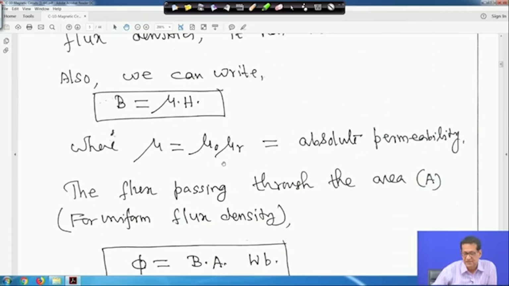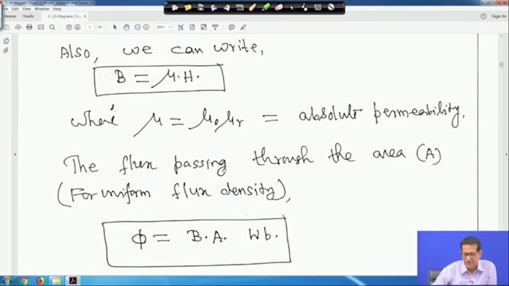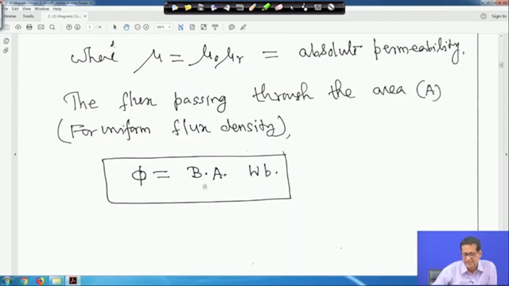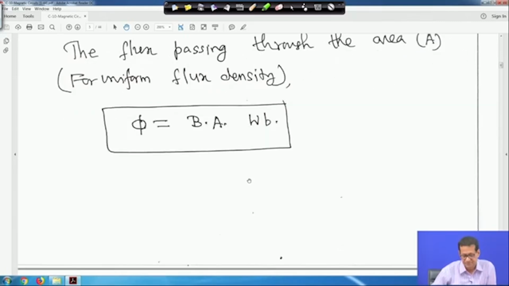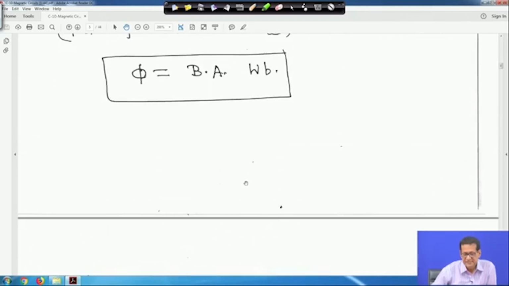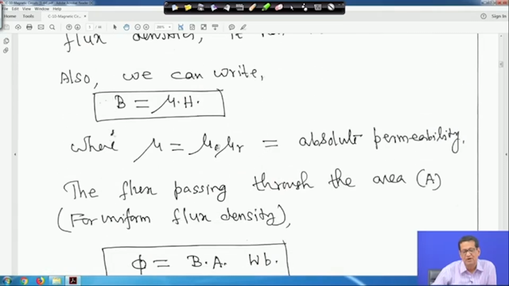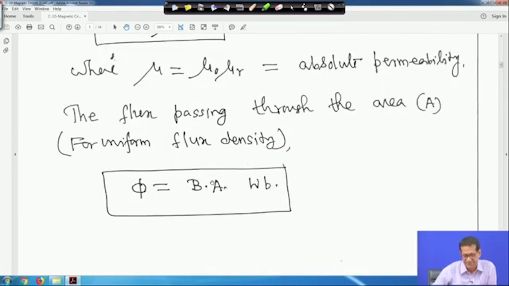And the flux passing through the area for uniform flux density is phi equal to B into A. B is the flux density in Weber per meter square, and A is the area in meter square. So, phi is equal to B into A, and it is in Weber. These are all simple formulas: B is equal to mu H, mu is equal to mu 0 mu r, and phi is equal to B into A.